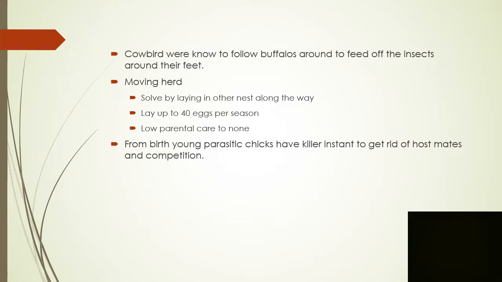So in order to combat this, they used the brood parasitic technique where they lay their eggs in other species' nests. One female cowbird can lay up to 40 eggs per season, using low to no parental care.